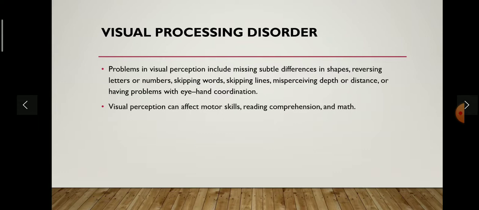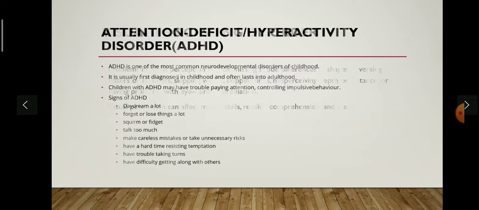Sometimes a student reading a chapter skips a word, so this is skipping words, skipping lines in reading, misperceiving depth or distance, or having problems with eye-hand coordination. देखना कहीं और लिखना कहीं और, this is also visual processing disorder. Visual perception can affect motor skills, reading comprehension and math.